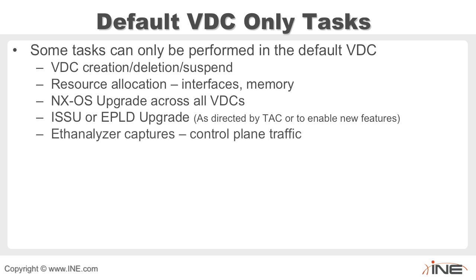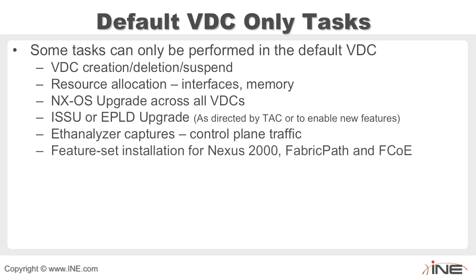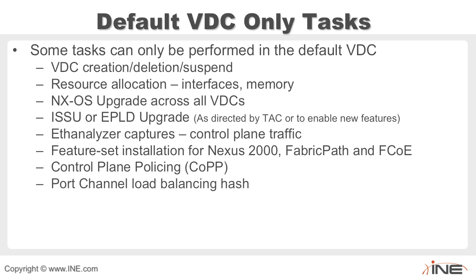ETH analyzer captures, that has to be done in the default VDC. Feature set installation for only some things, such as FabricPath, FCoE, or adding the FEX, basically, Nexus 2000 FEX, or Fabric Extender, the remote line cards. Control plane policing can only be done in the default VDC. Port channel load balancing.